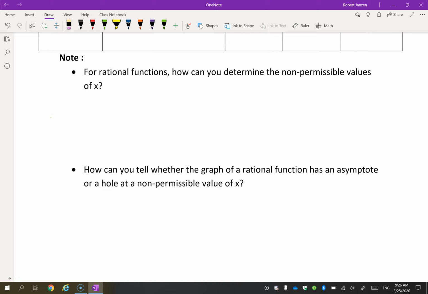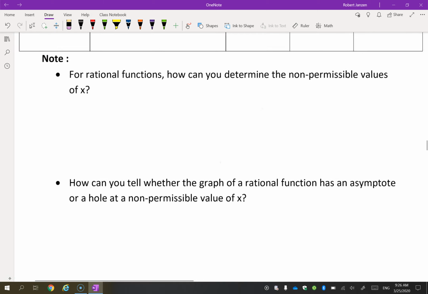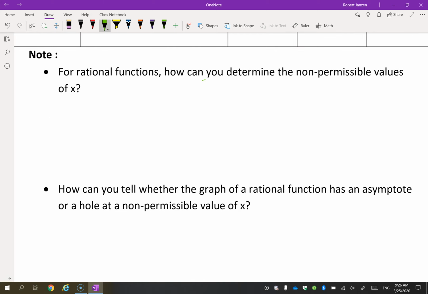All right, so from yesterday's graphing, how could you determine the non-permissible values? Well, this is always from the denominator. If you had something underneath here, what you were looking for is where would this be 0? And if it was 0, something's going to happen there. You're not sure what it is.